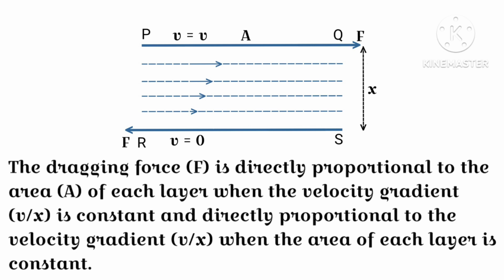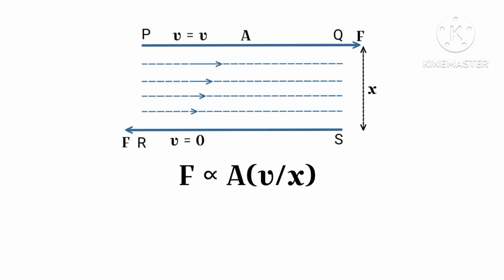Hence, according to the law of compound variation, the dragging force or the viscous force is equal to the proportionality constant times the area of each layer times the velocity gradient.